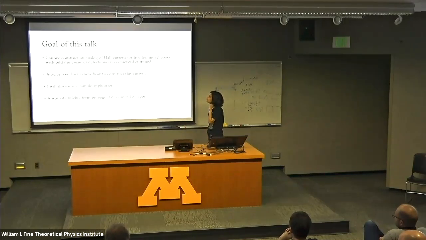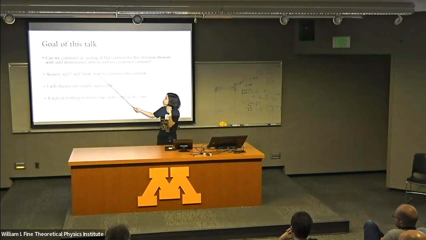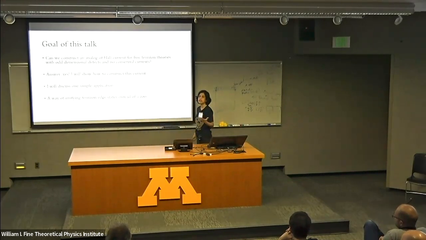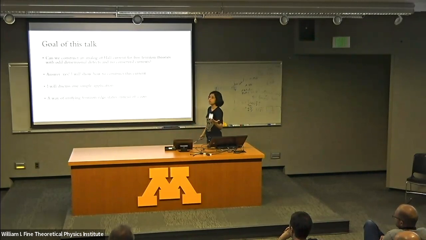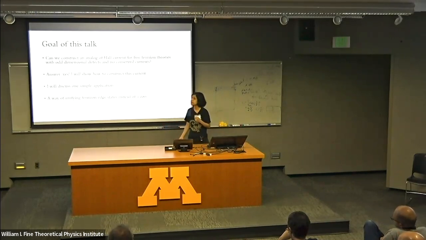Okay. So the question that I'm trying to answer is, can we construct an analog of Hall current for these free fermion theories, which have odd dimensional defects and no conserved currents? The answer is yes. I will show how to construct this current, and I will discuss one simple application.